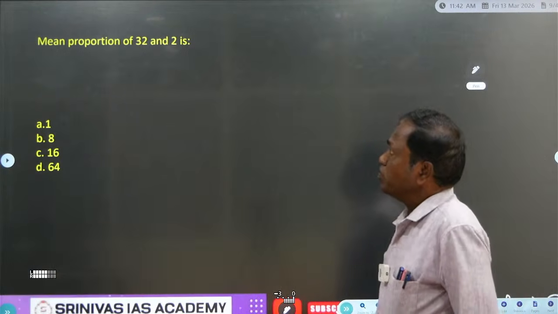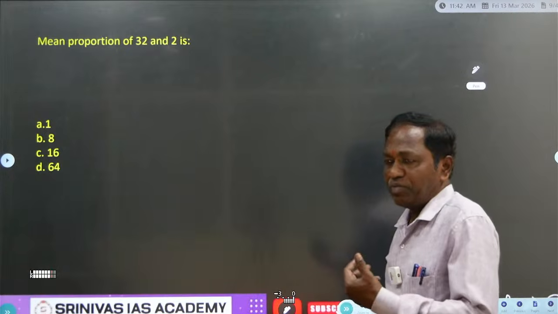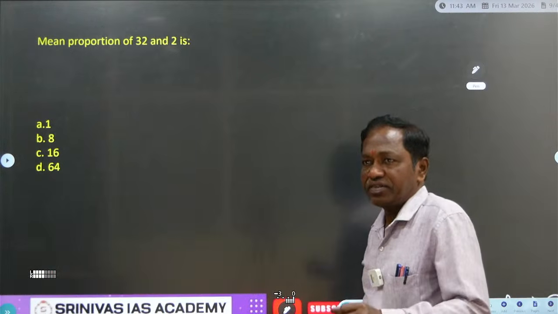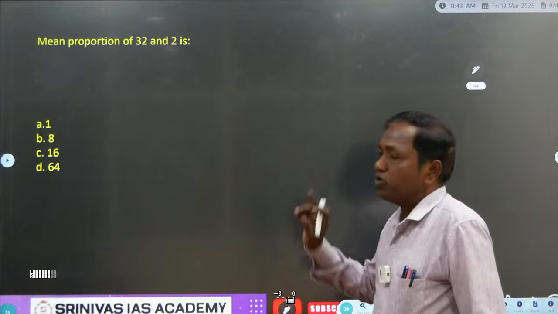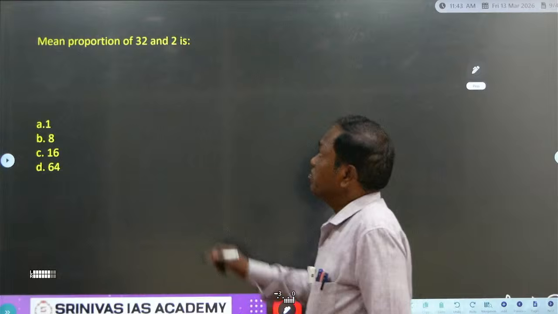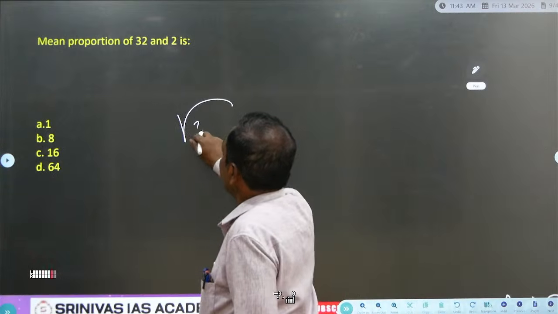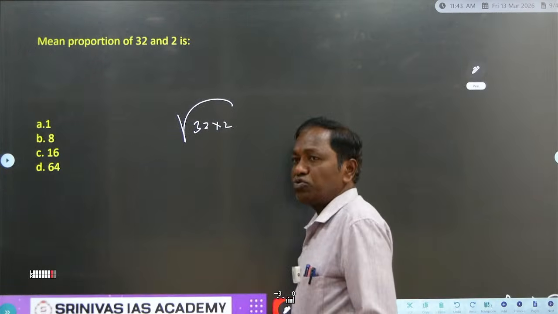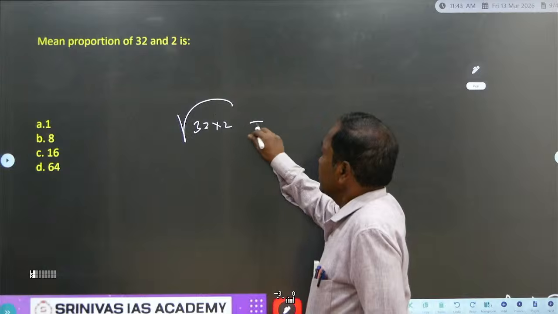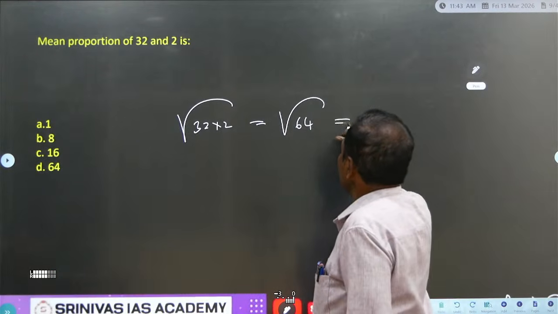Now, the mean proportion of 32 and 2. You have to remember this and note this point somewhere, every time. Mean proportion means the square root of 32 into 2. You have to take the square root of 64, and the root is 8.